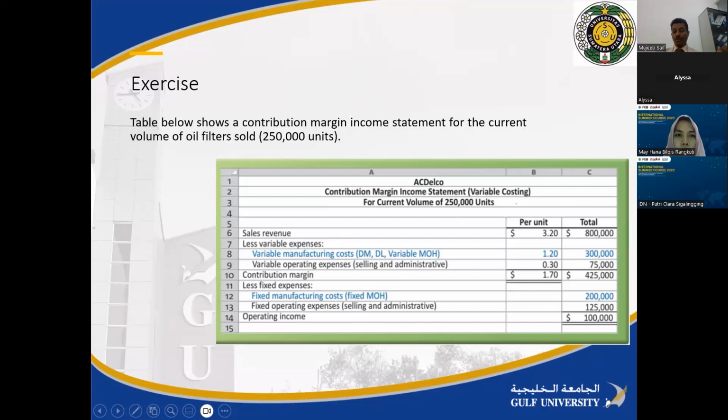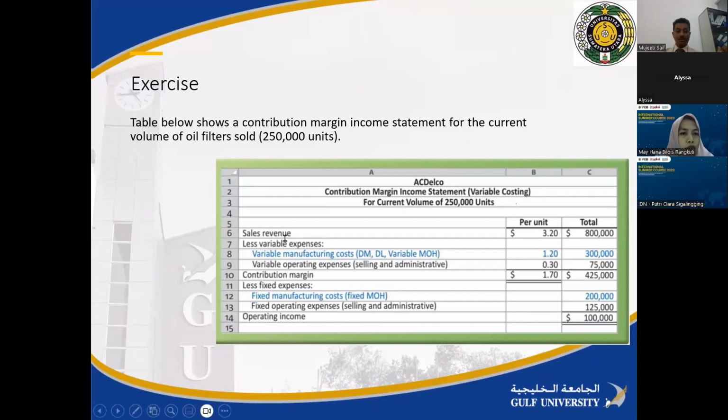That means we produce and sell 250,000 filters multiplied by 3.2. Total revenue will definitely be 800,000. Right? So then, as I have said, something you should pay for is variable cost.